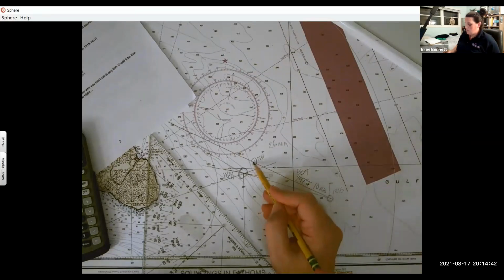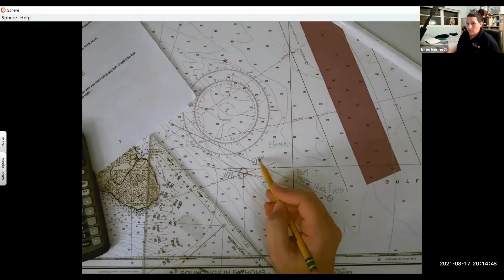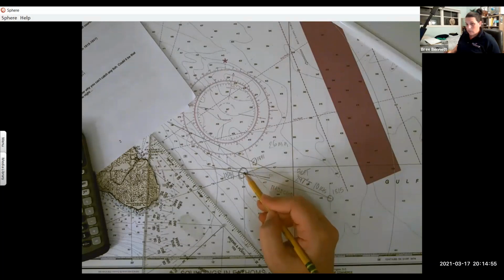So the difference between this DR and my actual position, DR is calculated from our boat's heading and our boat speed to our actual position. That's going to be our current in 26 minutes.